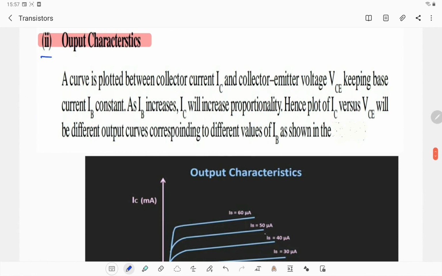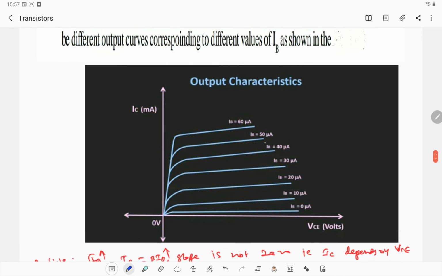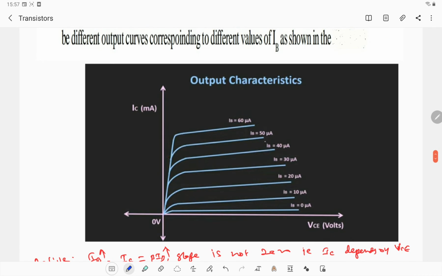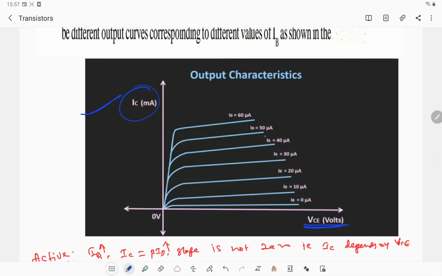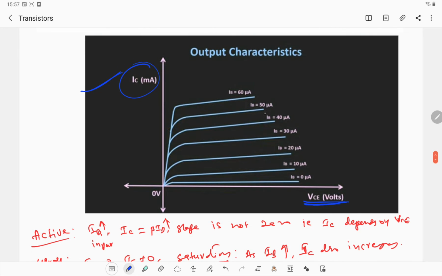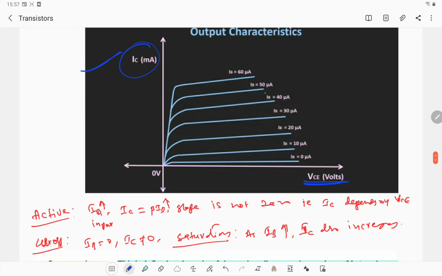Next, output characteristics. Output characteristics means the graph between output potential and output current. Here the output potential is VCE and the output current is IC. The graph is like this. In this graph, there are three different regions.